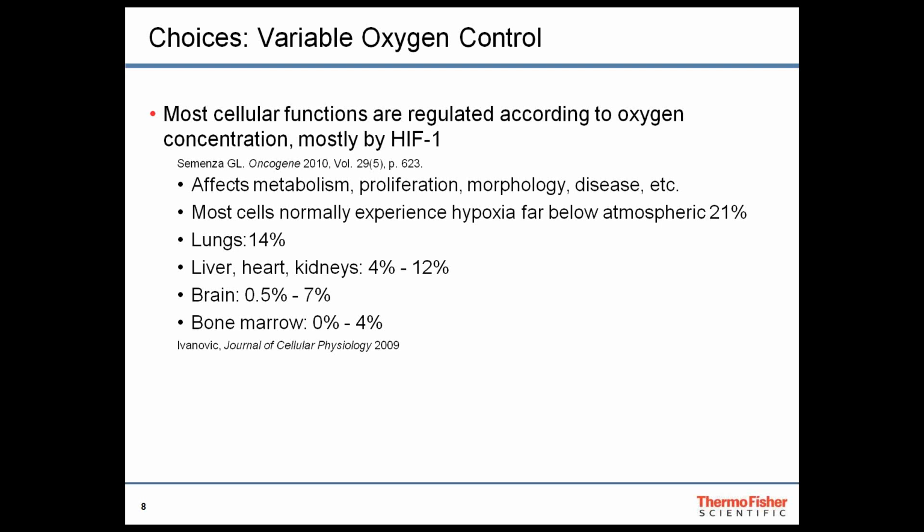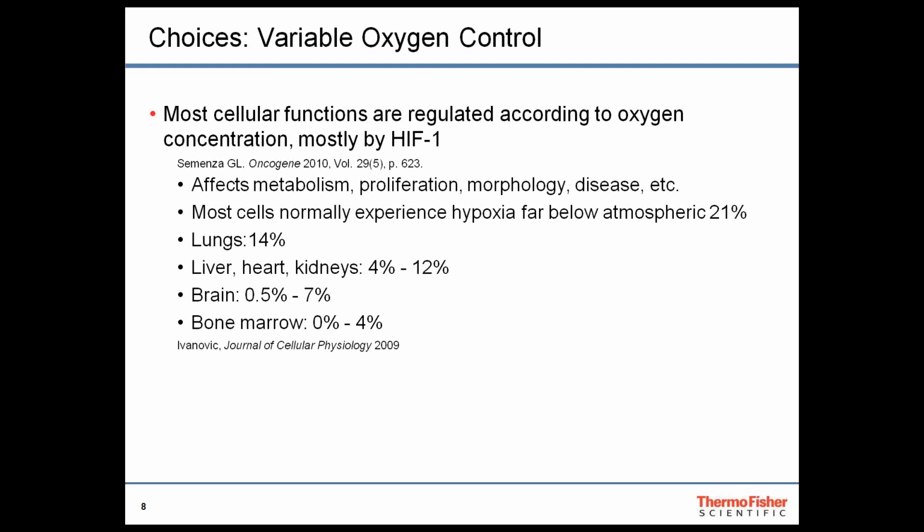This means that the amount of oxygen that cells experience can affect everything in the cell: metabolism, proliferation, morphology, disease progression, and so on. Most cells in vivo experience an oxygen gradient depending on how far they are from the bloodstream, and most cells normally experience hypoxia or low oxygen far below atmospheric oxygen, which is 21%.